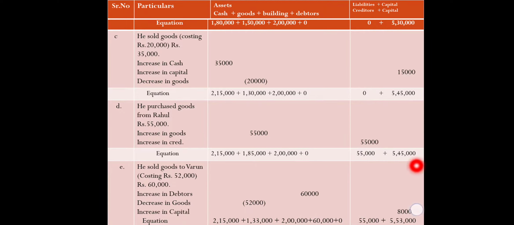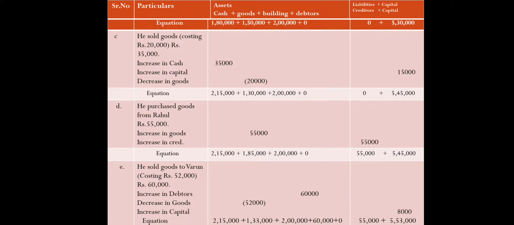In the next transaction he sold goods to Varun costing 52,000 for rupees 60,000. In this case we are selling the goods to Varun on credit. When there is a credit sale, our debtors asset increases; they are termed debtors, and you can pronounce it whichever way you want.